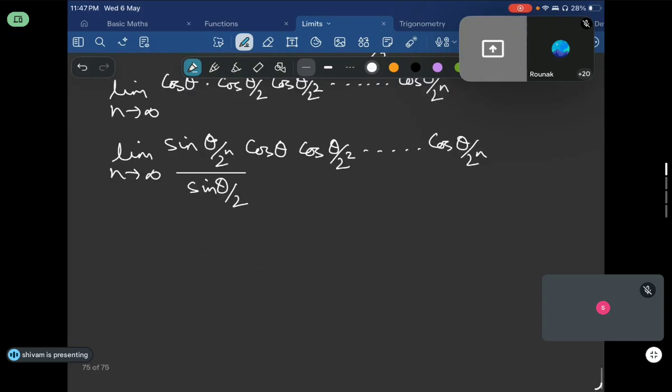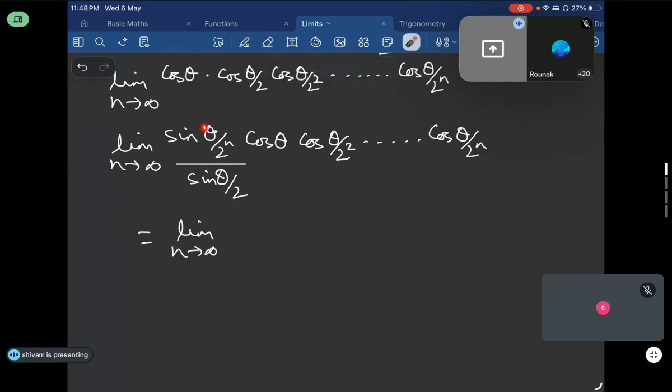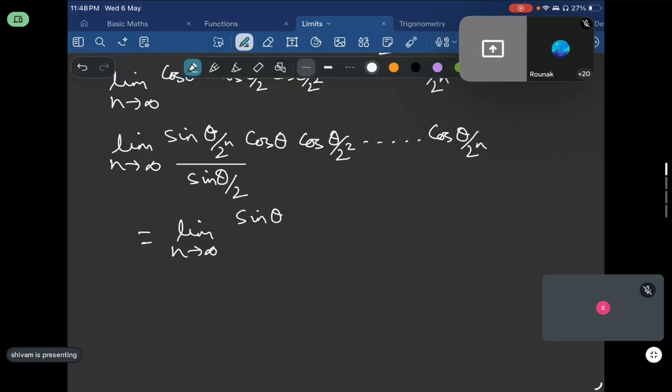Tell me, if there's anyone having any doubt, you can ask me now. So everyone, this will become limit n tends to infinity. Acha, sine theta by 2 to the power n into cos theta by 2 to the power n. This will become sine 2 theta by 2, right? So it will become sine theta by 2 to the power n minus 1.